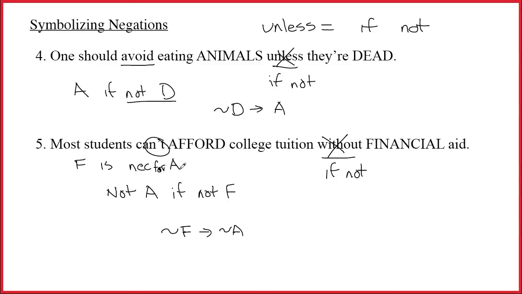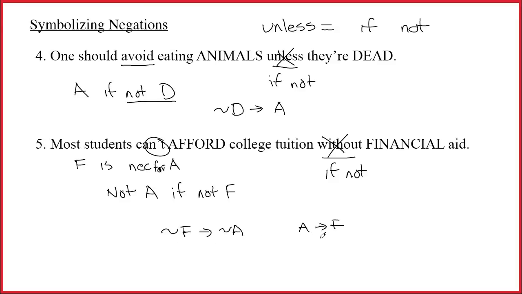F is necessary for A. Well, how do you symbolize F is necessary for A? What is necessary is the consequent, so that would be A arrow F.